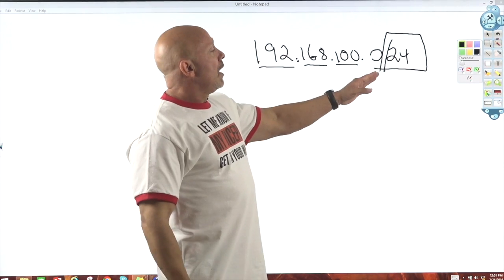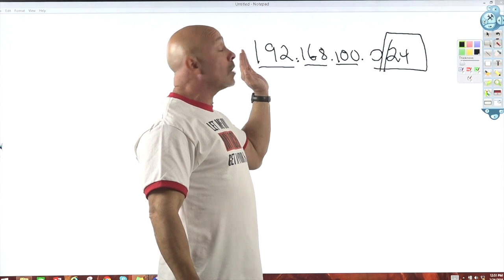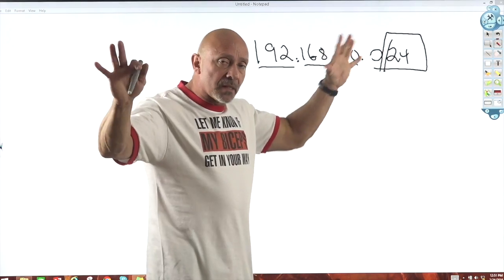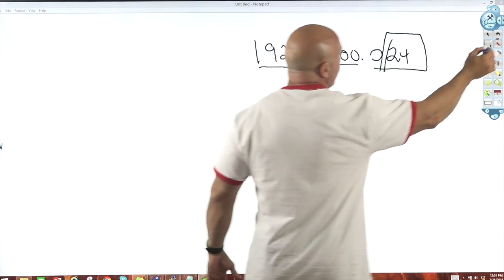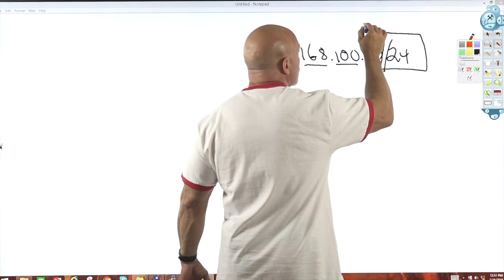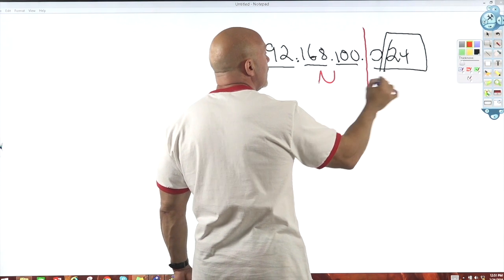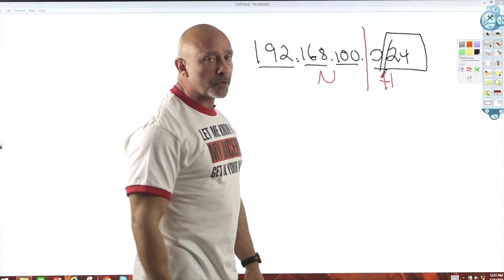Right now the default line, that mysterious, magical line, whatever you want to call it, let's use red so we can distinguish, is right here. This is your network portion. This is your host portion, right there.